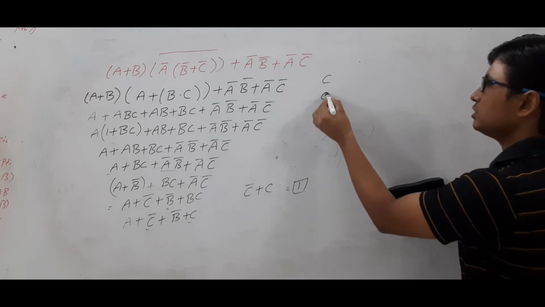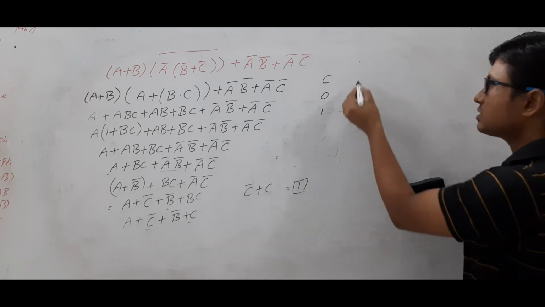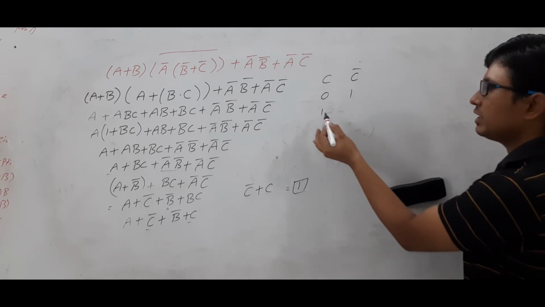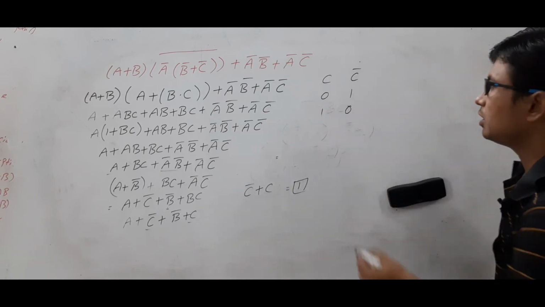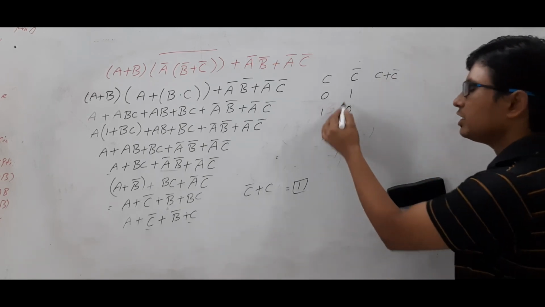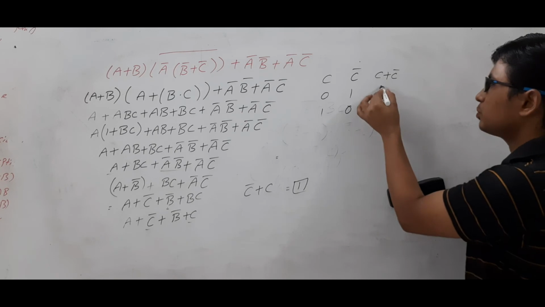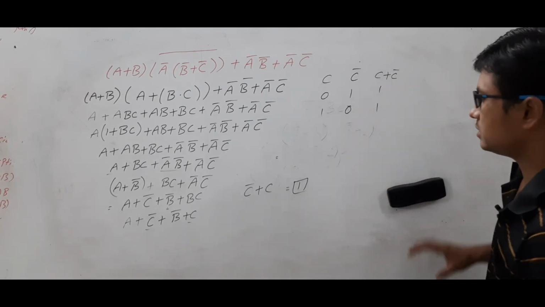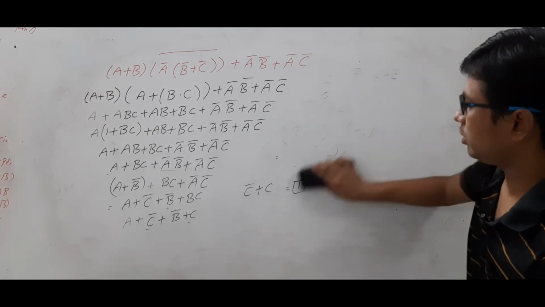You can take either 0 or 1. What is the C's complement will be? When it is 0, it will be 1. When it is 1, it will be 0. Now you apply the OR between them. What is the OR? If any of the input is 1, the output will be 1. So we got 1, 1. So I can write it as 1. Is it clear? I hope you are following with me.